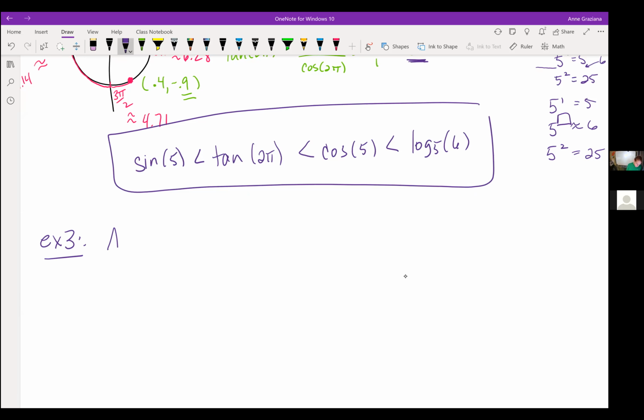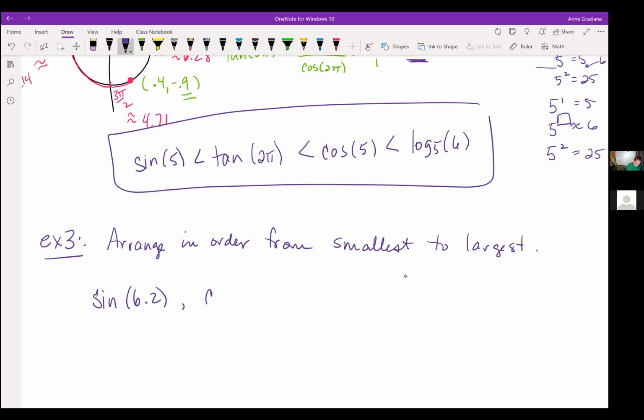So arrange in order from smallest to largest. So we have sine of 6.2, cosine of 6.2, negative square root of 2, and tangent of 3 pi.